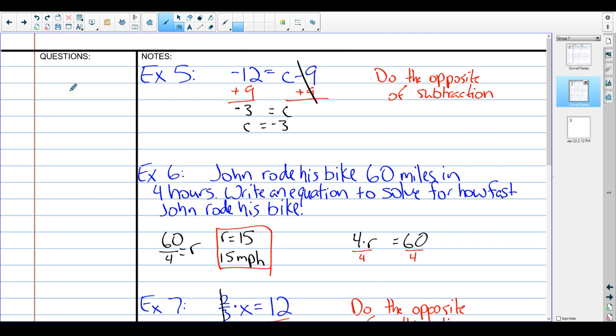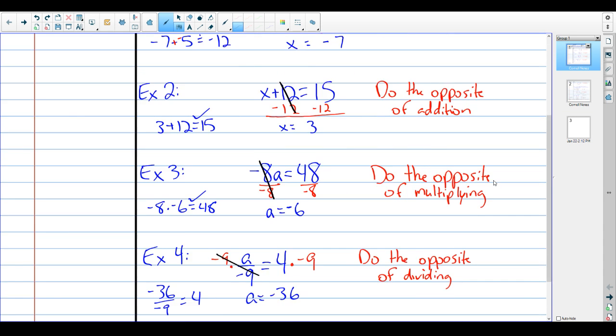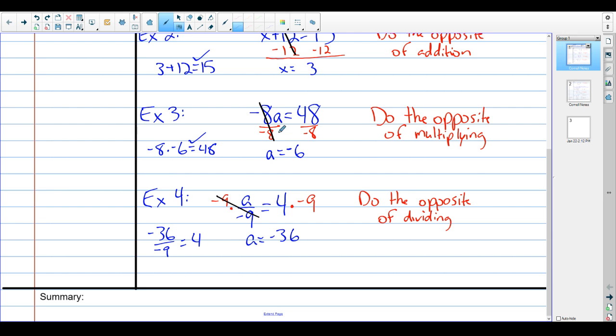Say, how do we solve equations with subtraction? And here's an example. Or how do we solve an equation where you multiply? For our example 3. Your question should be answered by the notes you took, and the summary should be a short version of everything that we did.